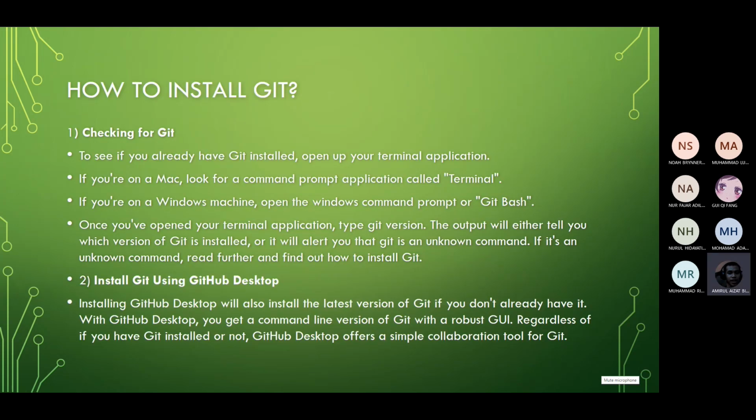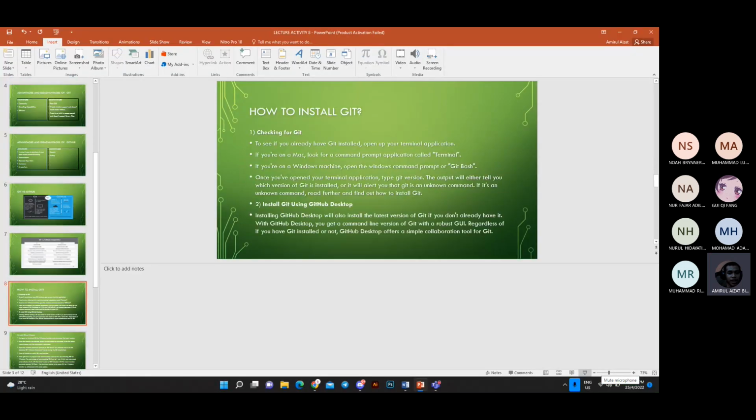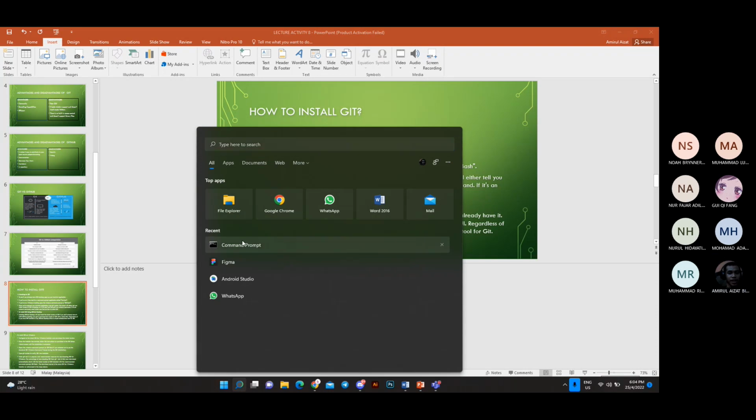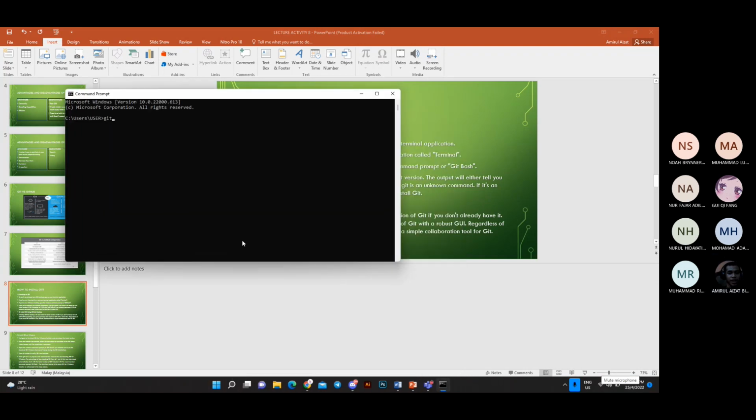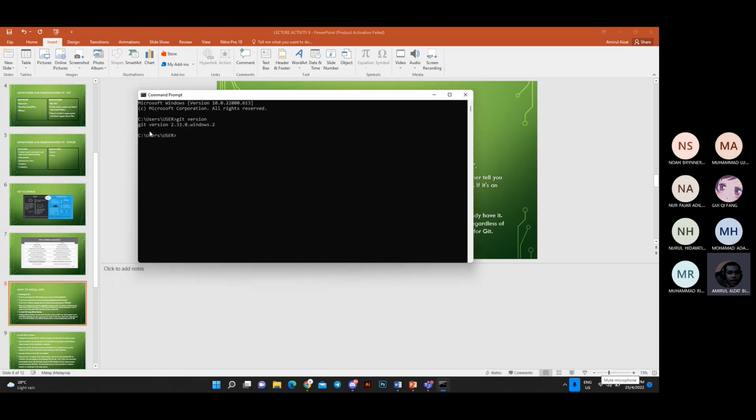So how to install Git? You can check if your Windows machine has Git or not. By using the command prompt, you can check your Git version. By typing git version in the command prompt, it will show you the Git version.